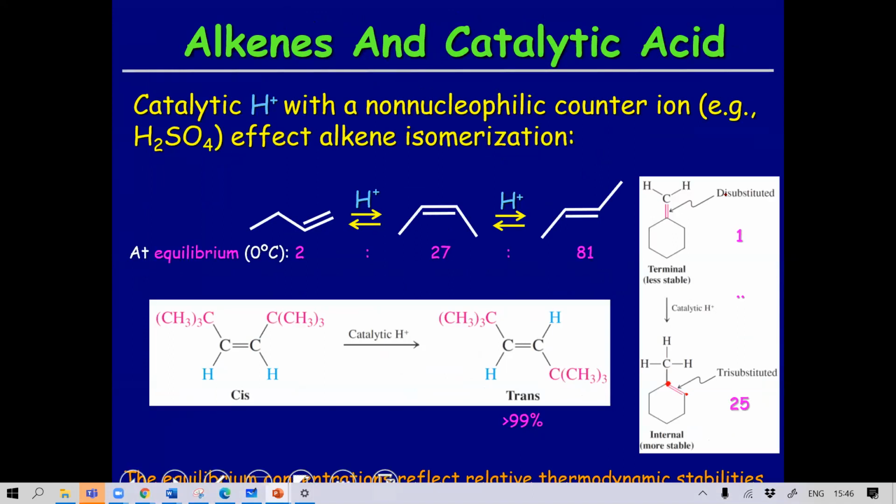Yes. So let's say you have a hydrogen here. This carbocation is not going to be stable, whereas if you have a hydrogen here, this carbocation would be. Apart from that, internal alkenes can normally shift the charge around a little bit more than external ones, but in this case, that's not going to happen.